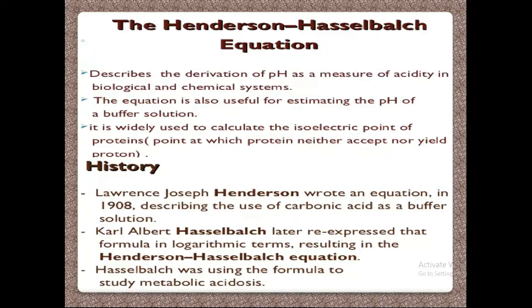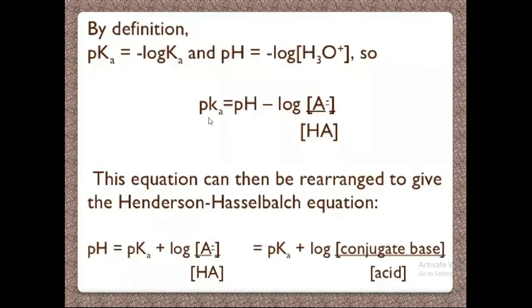Now I am rewriting this equation: minus log Ka, I am going to rewrite as pKa. This minus log H3O plus, I am going to rewrite as pH, because you know that pH is the negative logarithm of the H plus ion. So this is pH, and minus log Ka is pKa.